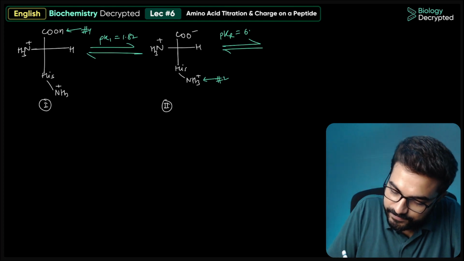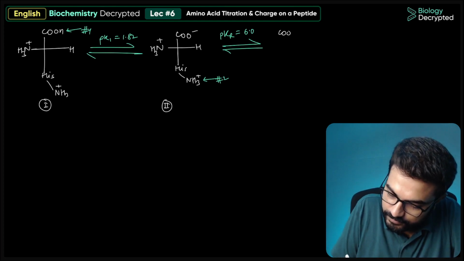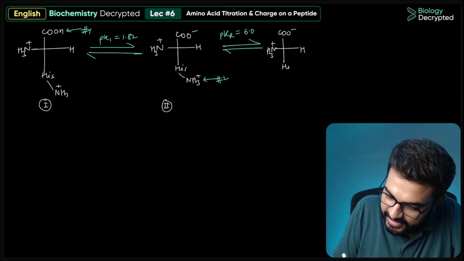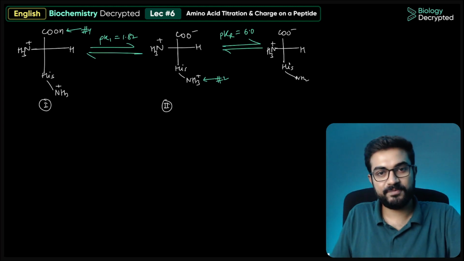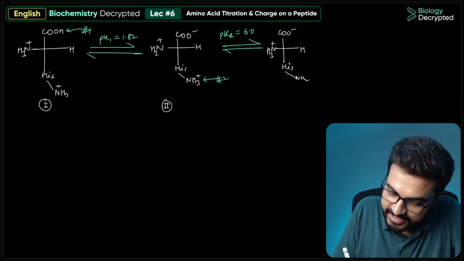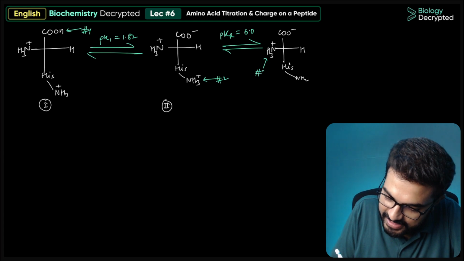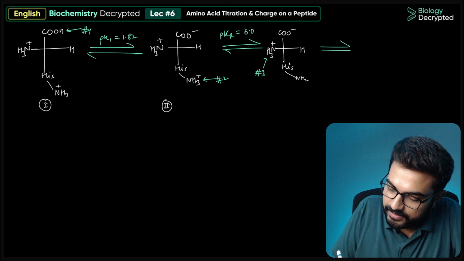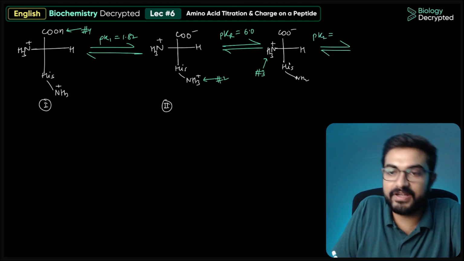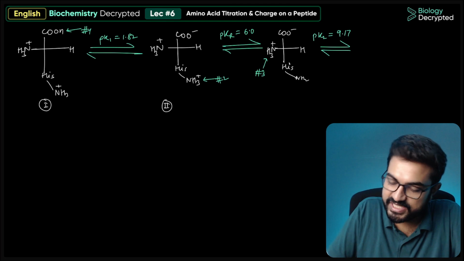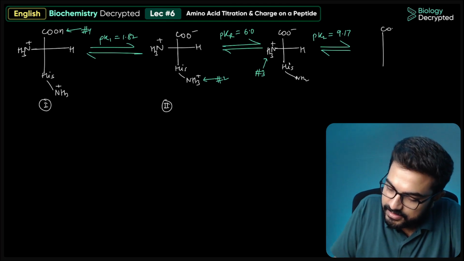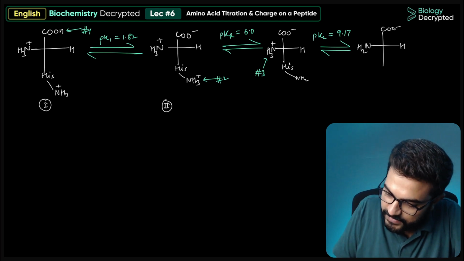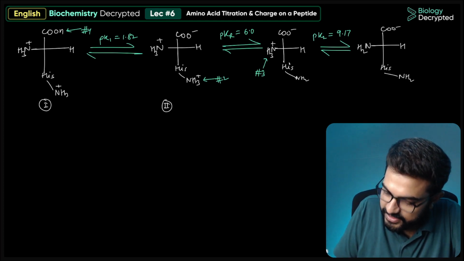We have COO minus, NH3 plus, H, and histidine will now have the NH group deprotonated. Then there is another ionization, the last one, of the alpha amino group, and this is pK2. The value of pK2 here will be 9.17, and we get COO minus, H, NH2, and for histidine also NH2.